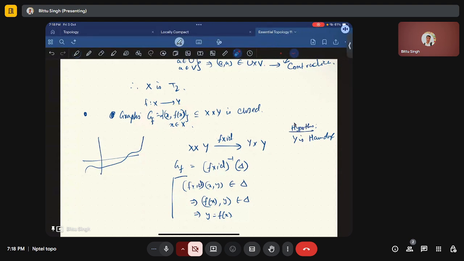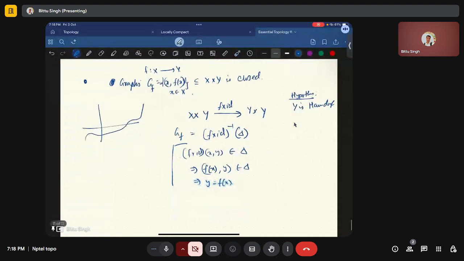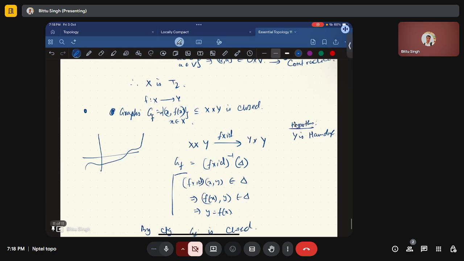So by continuity, the inverse image of a closed set is closed. By continuity, the graph of f is closed. So this is a very useful property: the graph of a continuous function is closed, given the codomain is Hausdorff. If Y is Hausdorff, then the graph is closed.